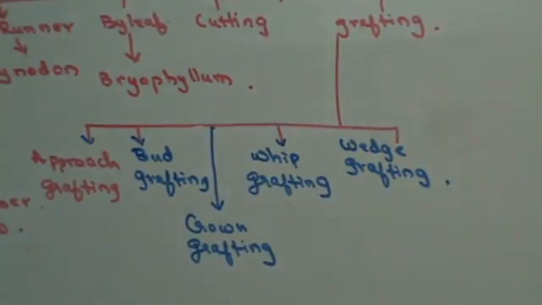So these are the different types of vegetative reproduction. You can have natural as well as artificial.